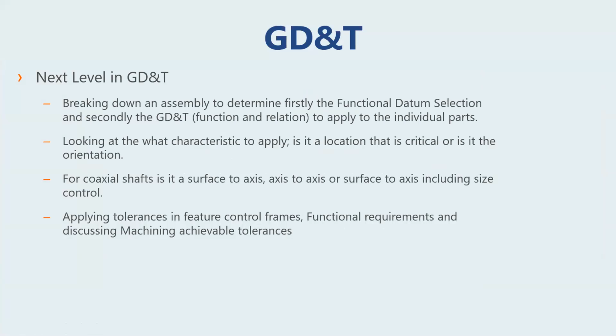So, I was just saying that whenever we apply geometric dimensioning and tolerancing, the first thing we should always do is take a look at the actual assembly. That goes for regular dimensioning as well. We should never start dimensioning an individual part without knowing where those parts go and how they interact with the mating parts.